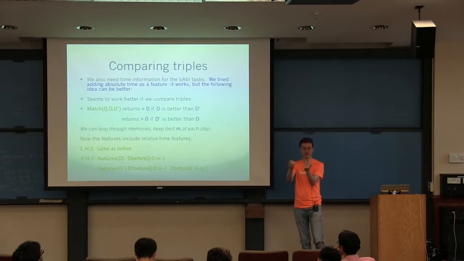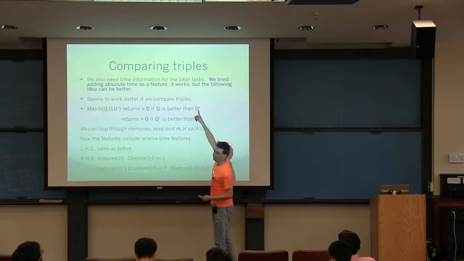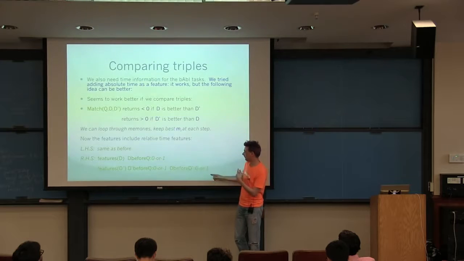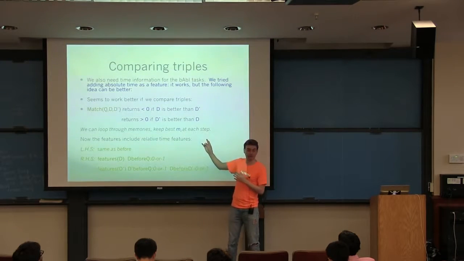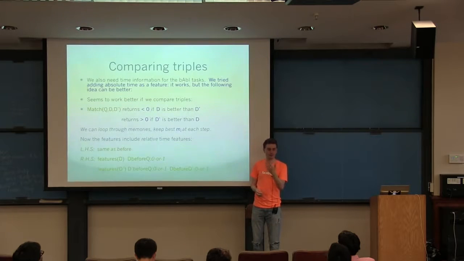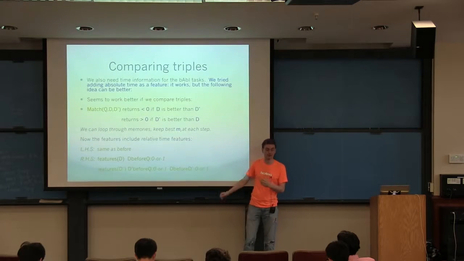You can have a feature that says memory D happens before memory D prime, or after it, or the other way around. We tried that and it worked quite nicely, because relative time is more what you're looking for than absolute time. We just want to know, did this thing happen after this thing in the story or not? So you can make a binary feature that does that.